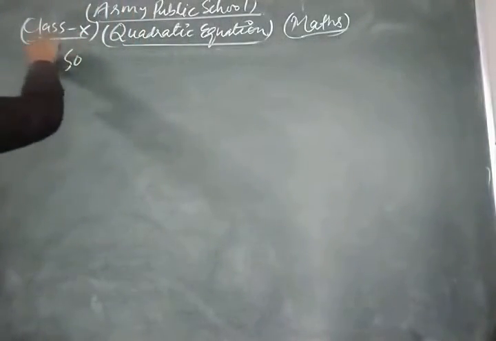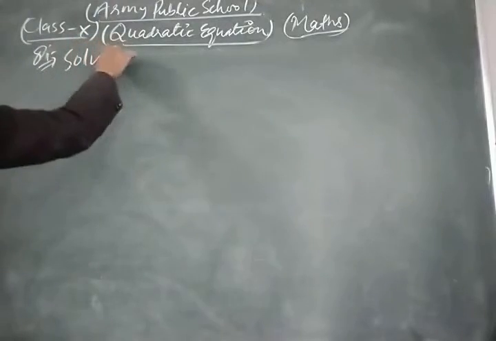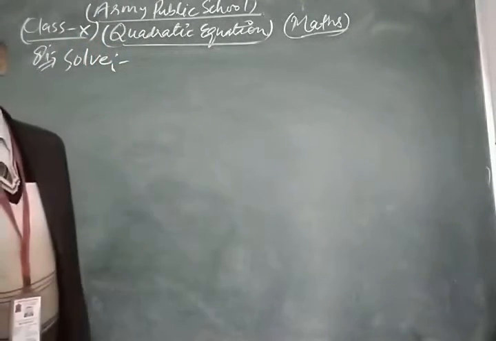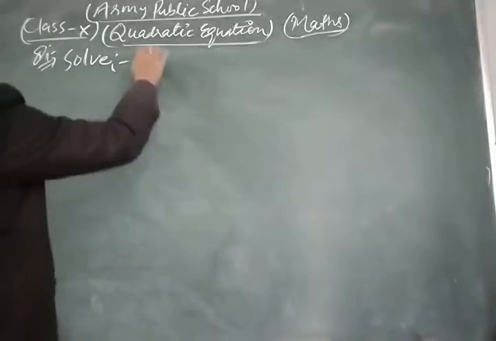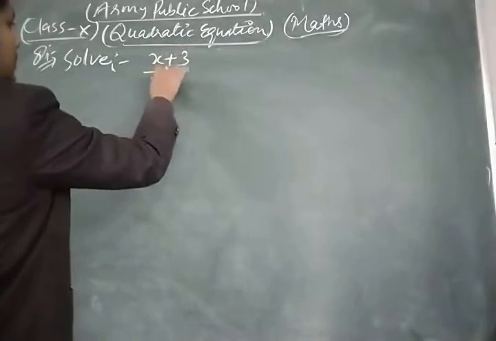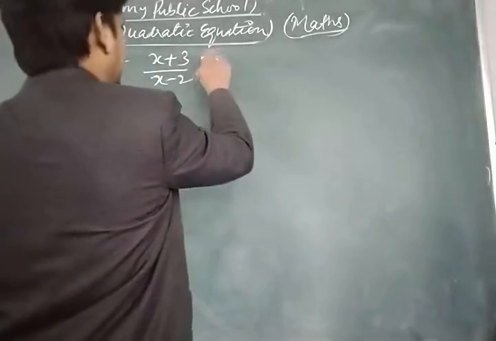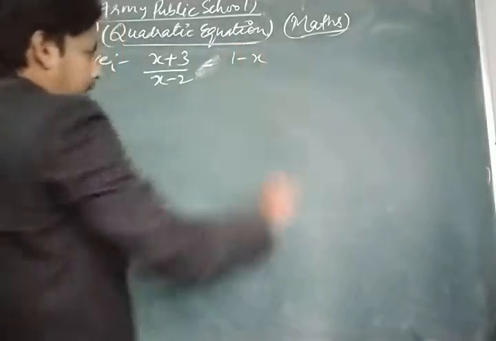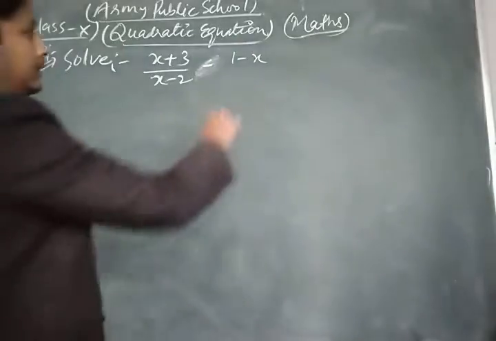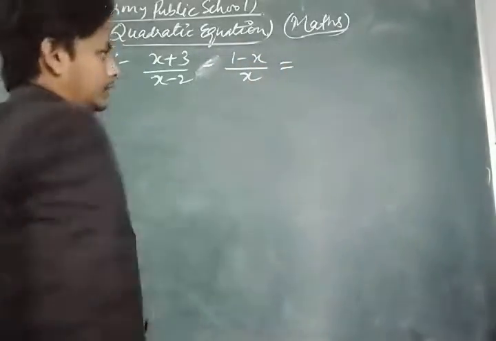Your question is: solve x plus 3 upon x minus 2 minus 1 upon x minus 1 minus x upon x is equal to 17 by 4.